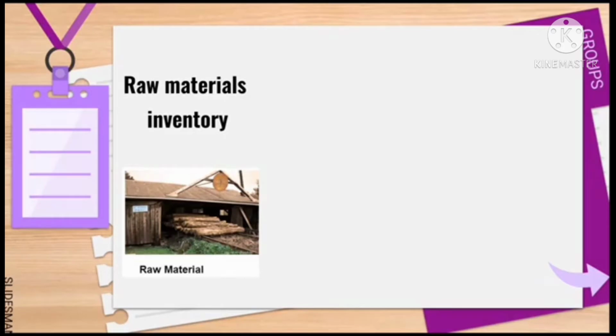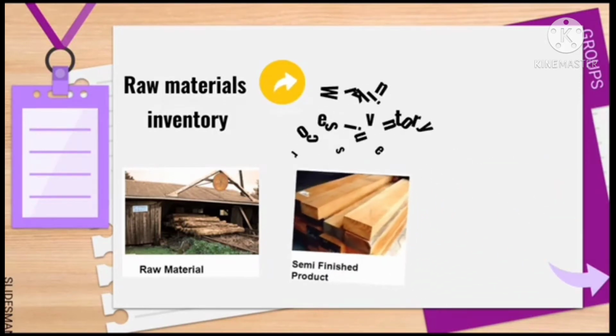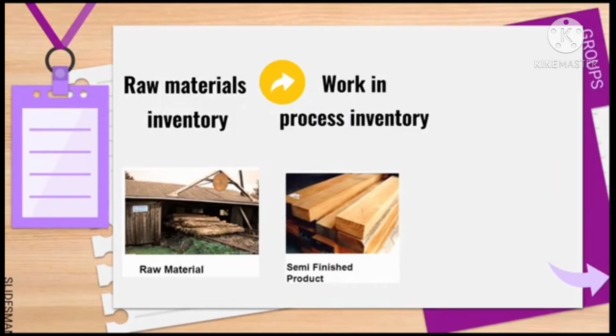This stock is classified as raw materials inventory. These raw materials are machined and undergo processes. In the meantime, from raw material account, matatransfer na siya into work in process inventory. So, mula sa pagiging raw materials account, malilipat na siya sa work in process inventory.